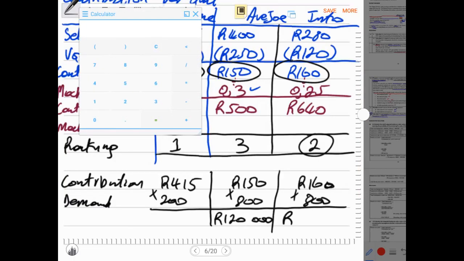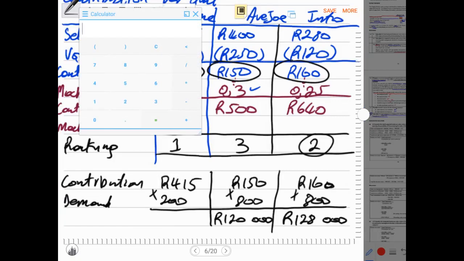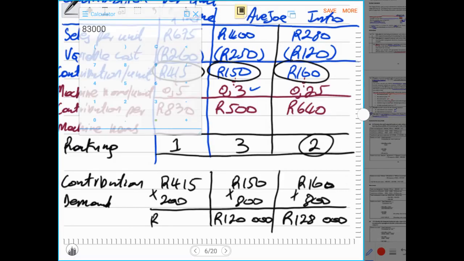Then we'll have 800 times 160. The contribution that will maximize the profit will be 128,000 rands. And the contribution that will maximize the profit will be 200 times 415. Therefore it will give us 83,000. So this is the contribution that will maximize the profit.